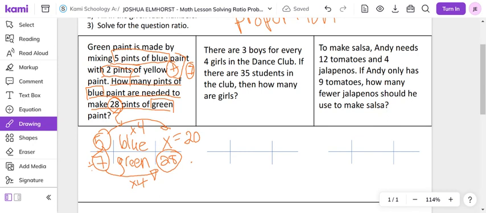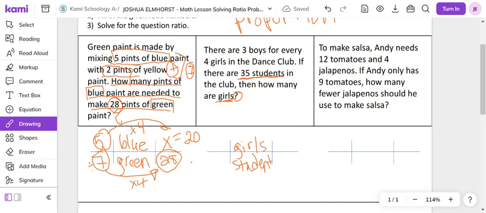All right, taking a look at the next one, they've got 3 boys for every 4 girls in a dance club. There's 35 students. So if there's 35 students, we're going to go down here to the question. We have students and girls. So there's girls and then students for the ratio.